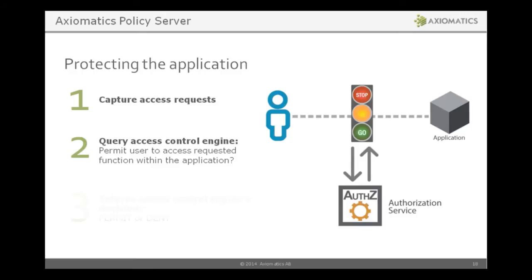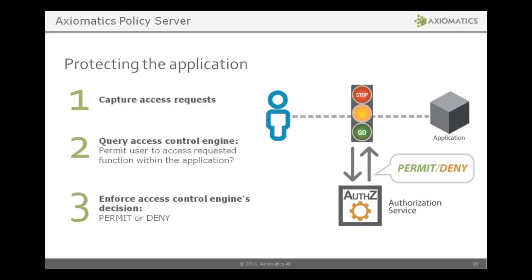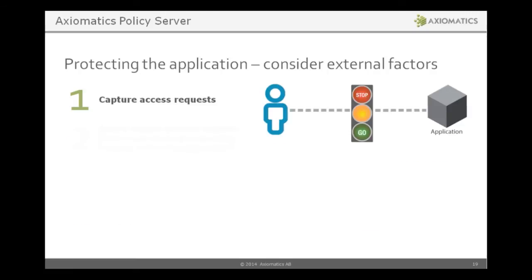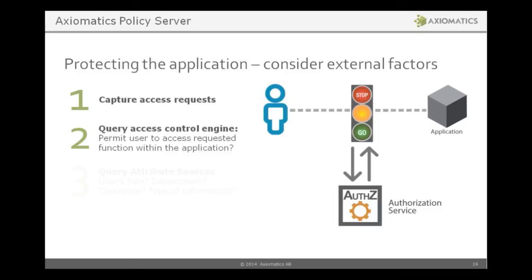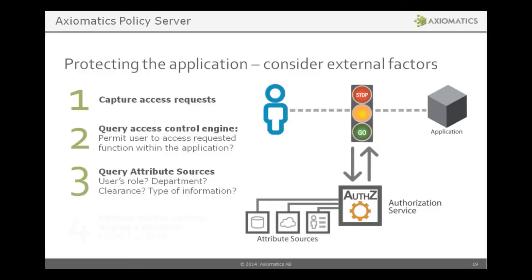There's an additional possibility here. We could have the same thing: we capture, we query the engine, and here in step 3, the engine reaches out to additional attribute sources. Those were the policy information points in the standard, right? And then finally, we return the permit or deny. Step number 3 here is extremely important.